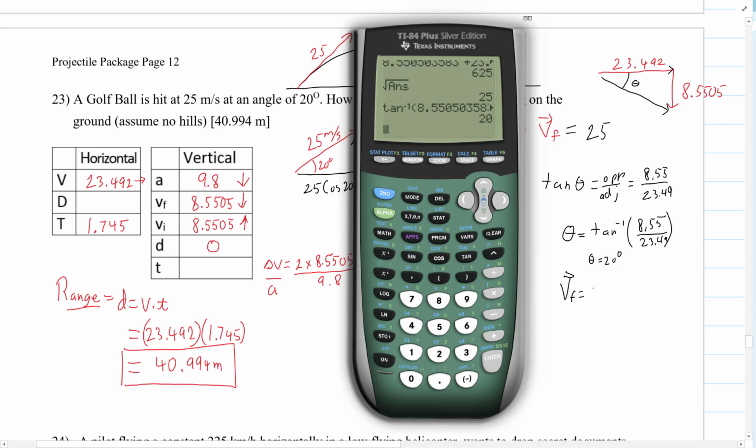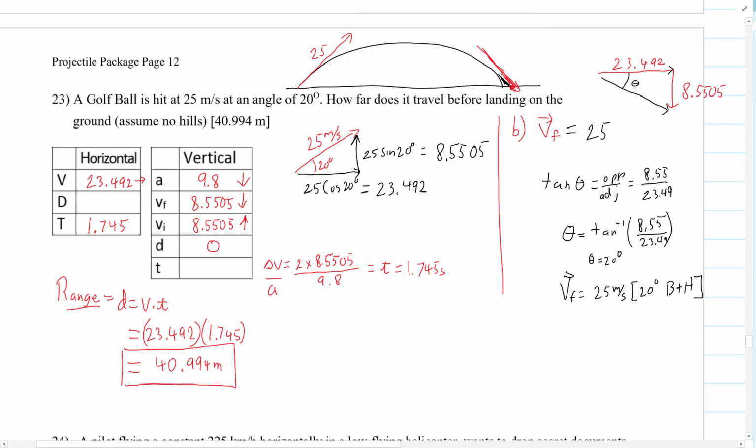VF, the vector, is going to be 25 meters per second, and the angle is 20 degrees below the horizontal. And that's the final.